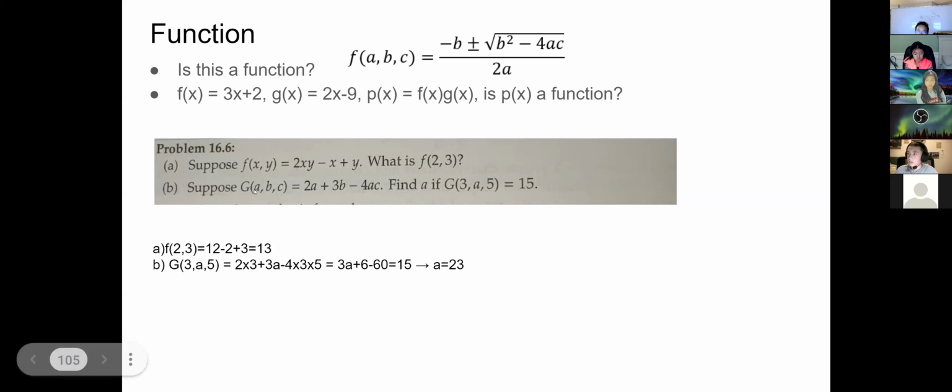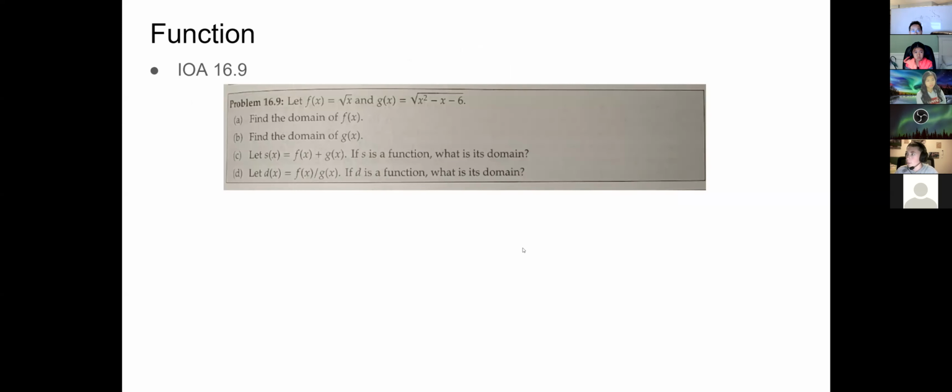So a is actually 3, c is 5, and b is a here. So don't be tricked.